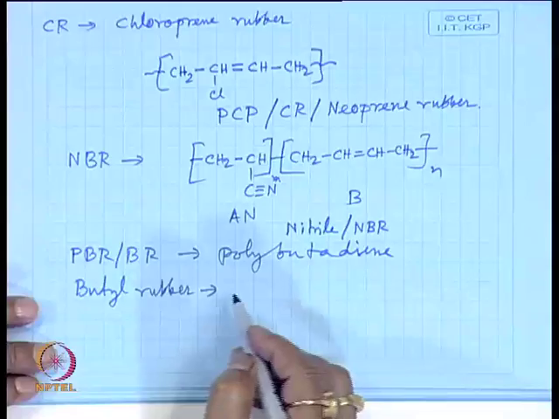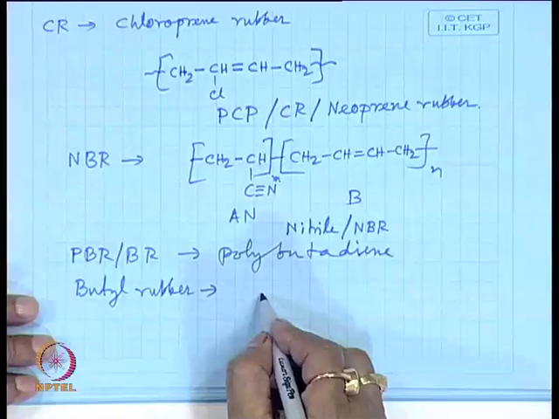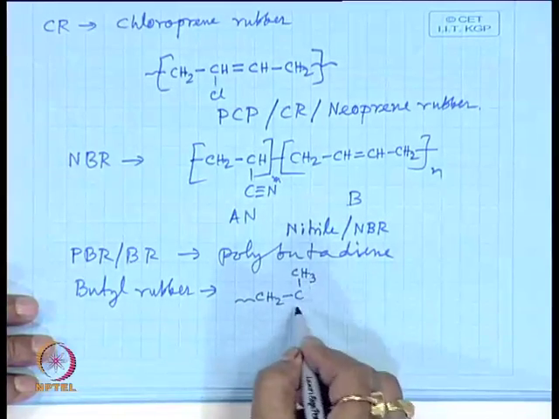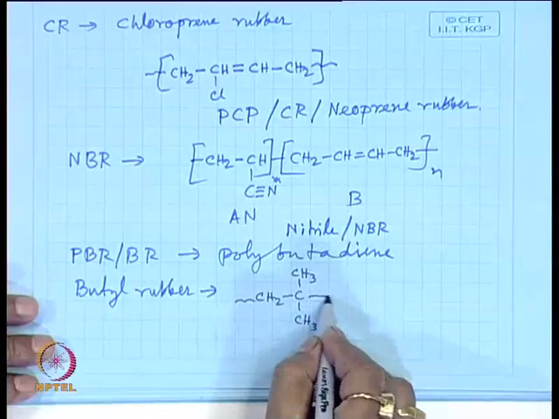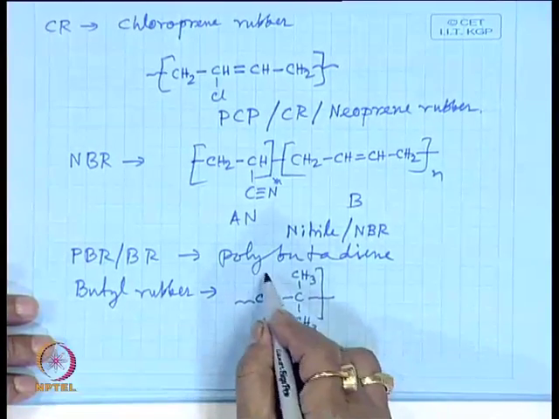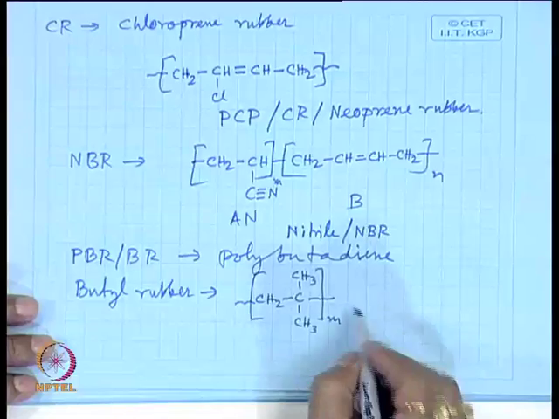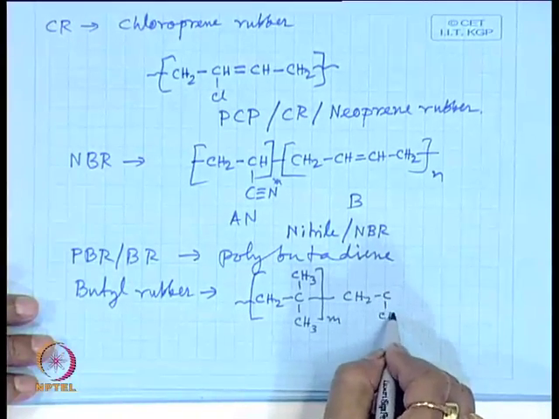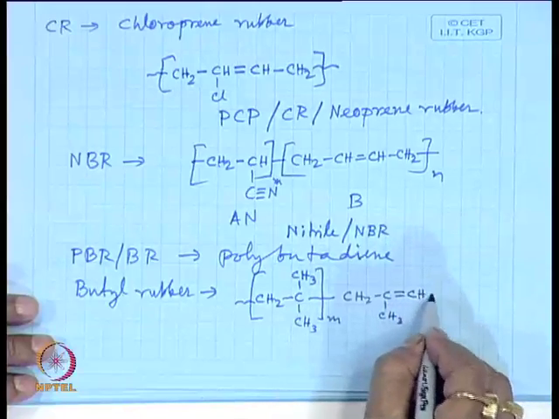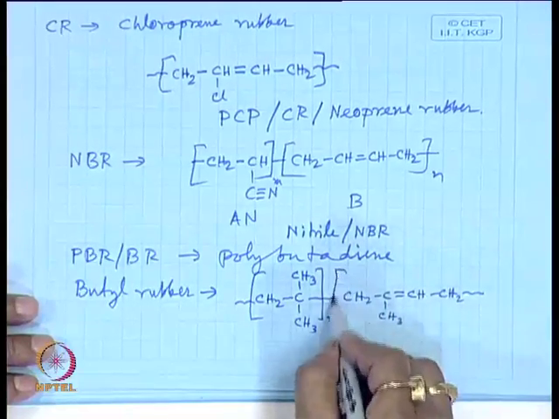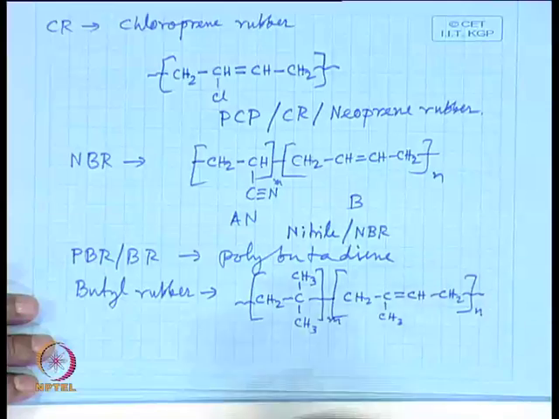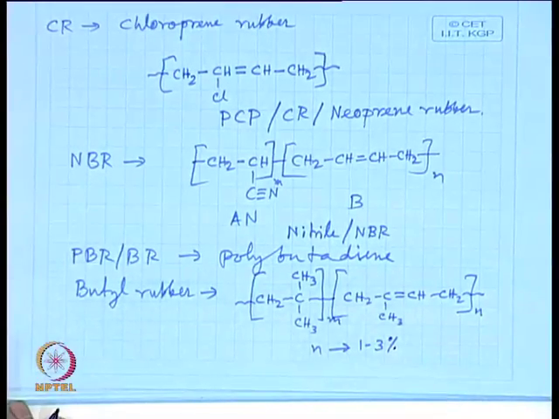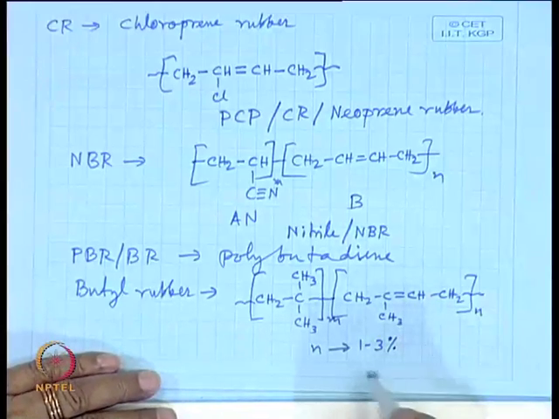Butyl rubber is a polymer of polyisobutylene, where n is only 1 to 3% co-monomer percent. This is actually butyl rubber.